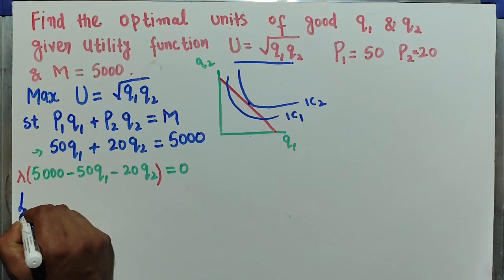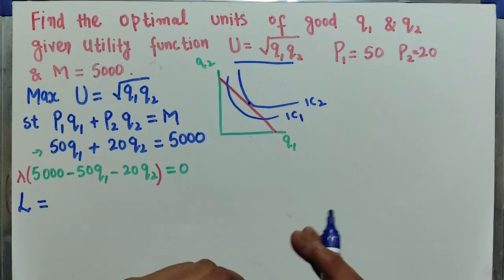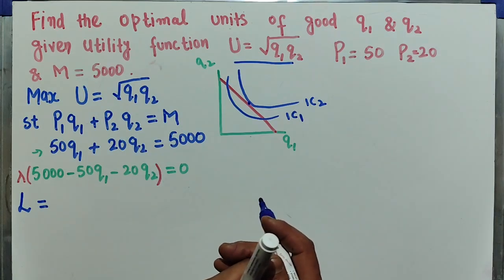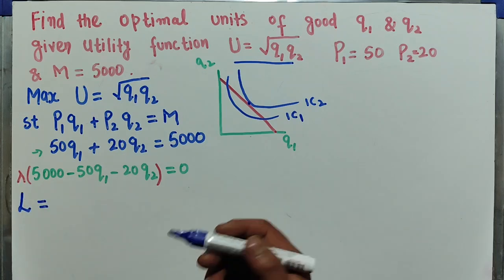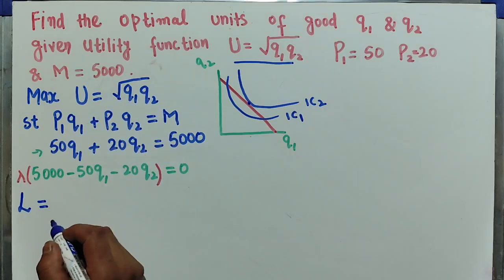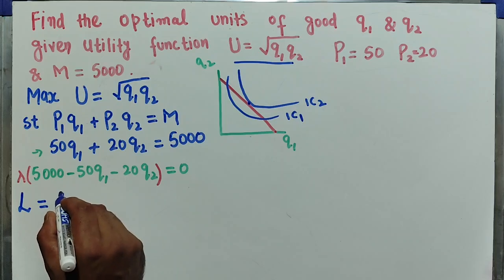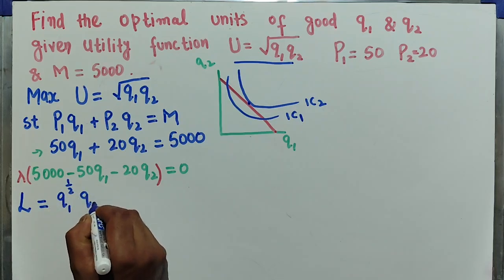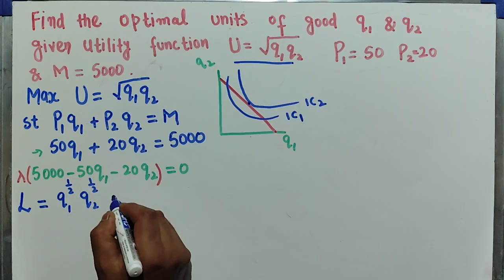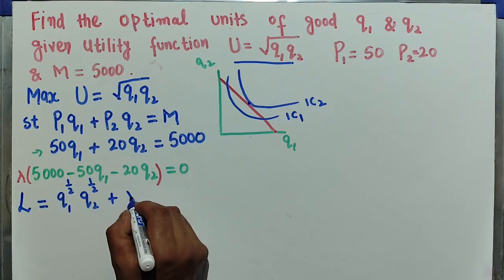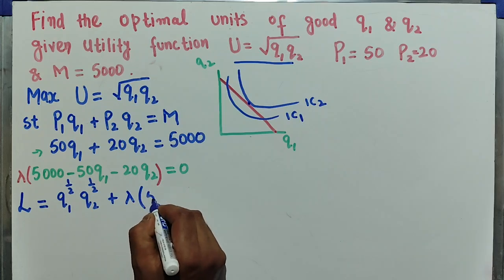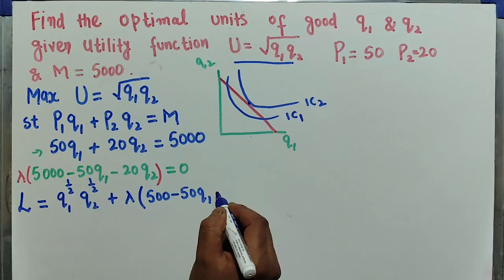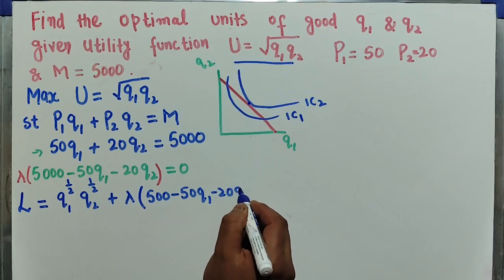Let's denote it by L. Lagrange's function is formed by adding the given utility function, what we call the objective function, and the resulting budget constraint. That is, we add this utility function, which I will write as Q1 raised to the power 1/2 times Q2 raised to the power 1/2, plus this resulting constraint, that is, lambda times (5,000 minus 50 Q1 minus 20 Q2).